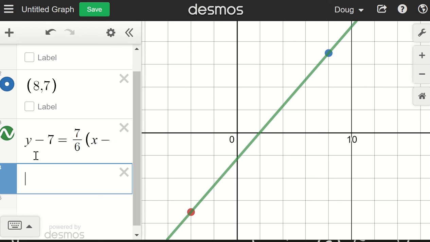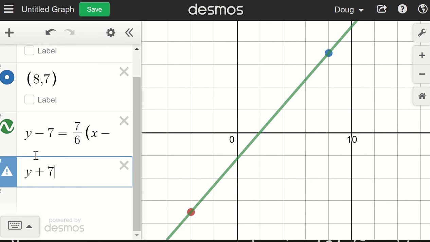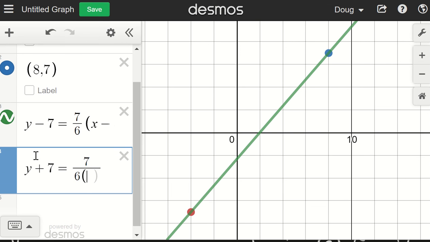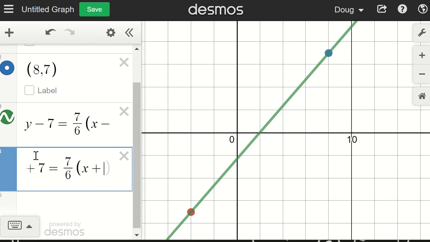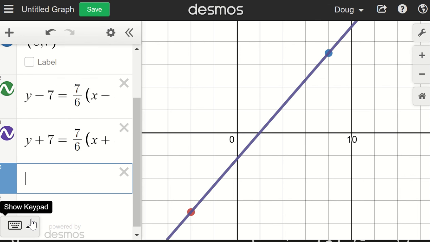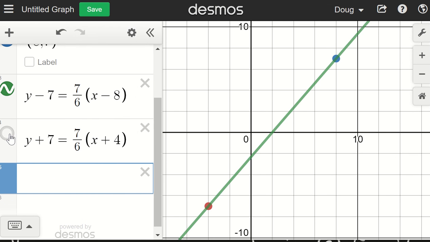And the other way that we wrote this down was y plus 7 equals 7/6 times x plus 4. And I can see in entering both of those that I've clearly got the equation of the line.